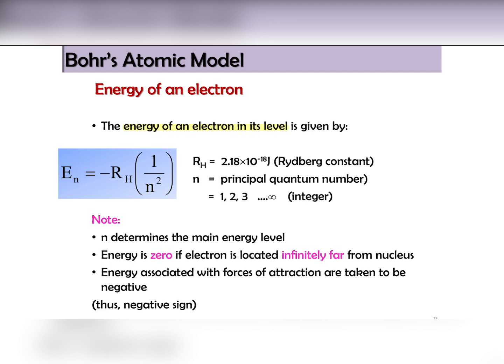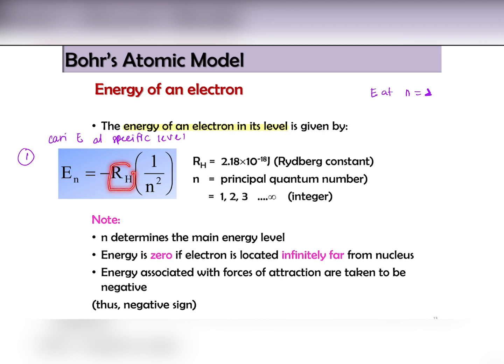So this is the first formula yang kamu jumpa. So this formula adalah untuk cari energy at specific level. So, contoh kalau soalan ditanya energy at n equals to 2, you can use this formula. For this formula mesti ada negative.